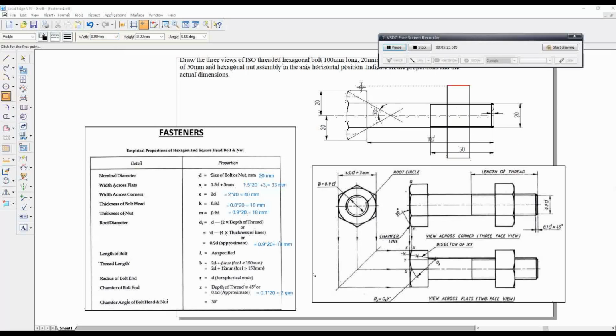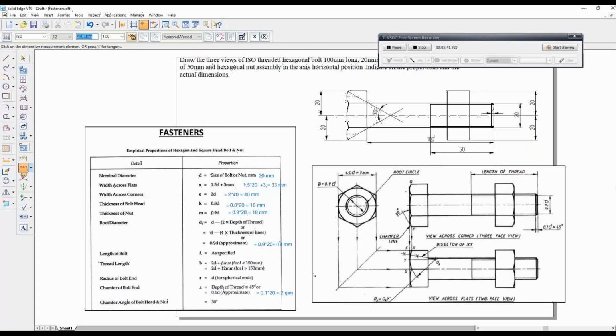The height is same as this, which is 20. Total is 40, but thickness of nut is 18 mm, whereas bolt is 16 mm.